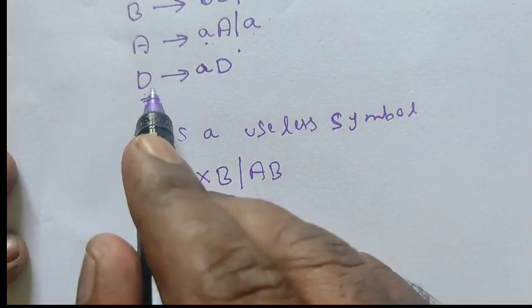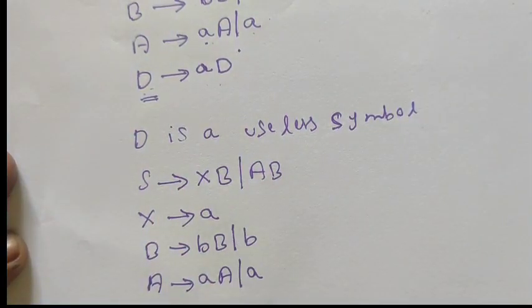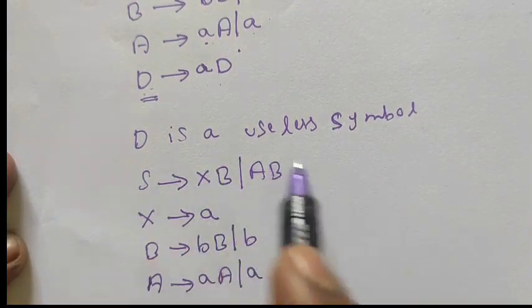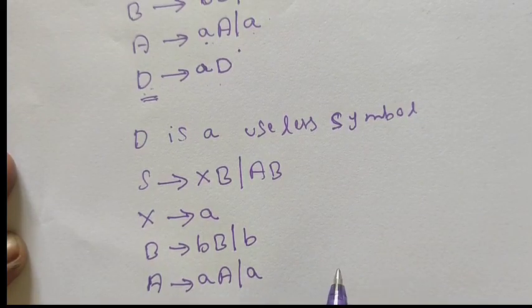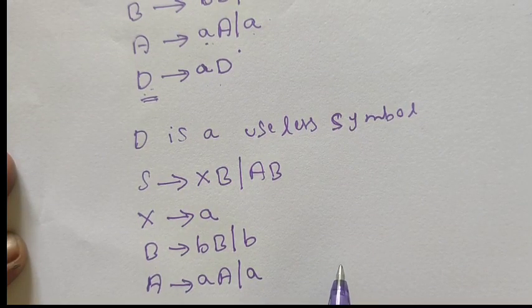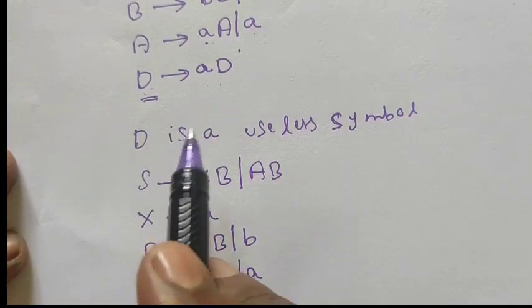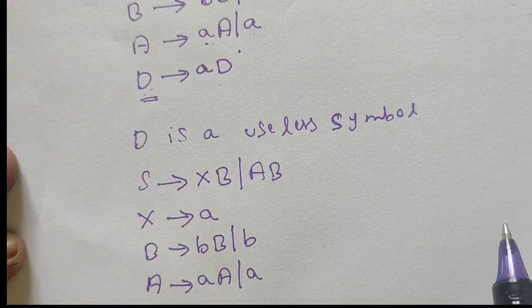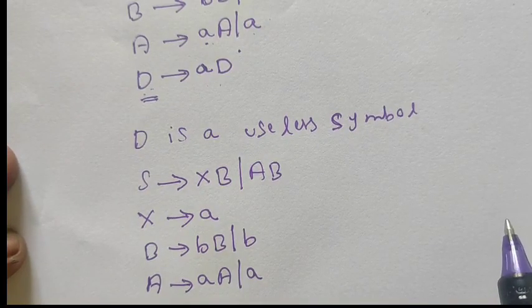Now this production, I don't want it, so I simply skip it. So whatever you are seeing here is the final production, the result after eliminating a useless production. D is a useless symbol, so everything connected with D got eliminated.